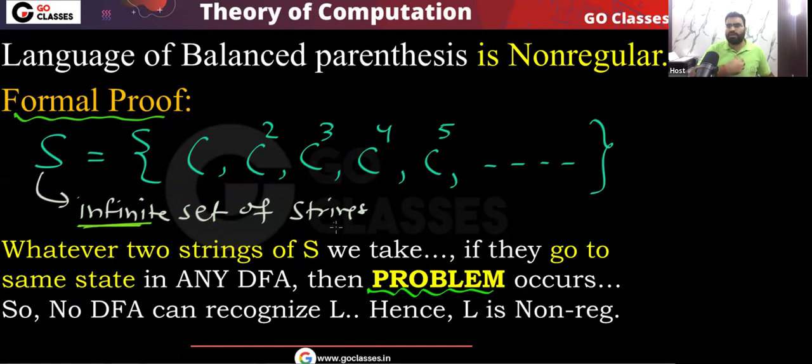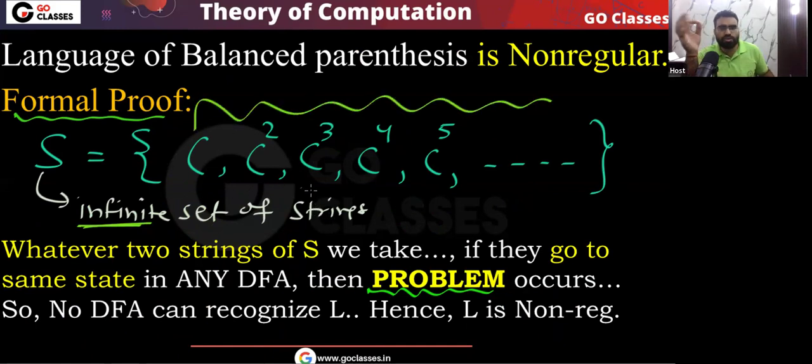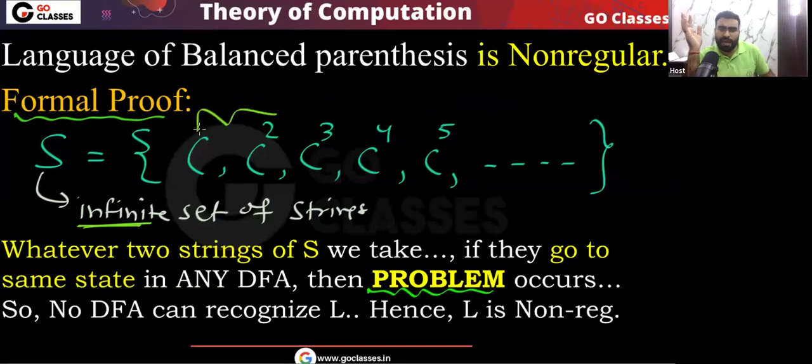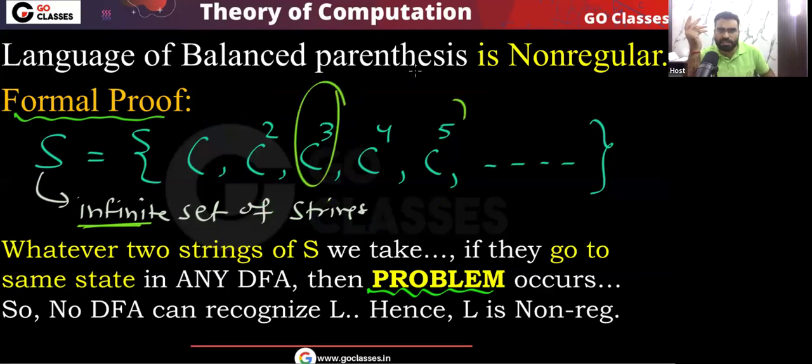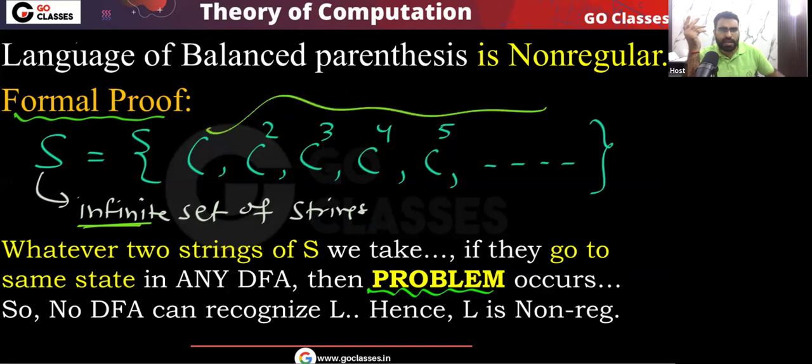Now we have proved that if any two of these strings go to the same state in any DFA, whatever DFA you assume, whichever two you select, then a problem will happen. This is what we have proven.